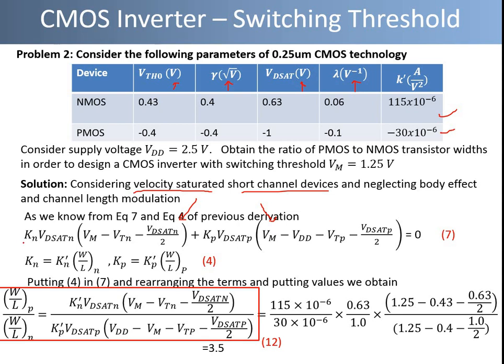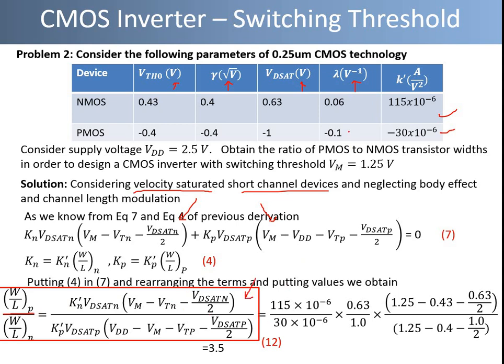However, we are not given the gain factor over here, we are given the process transconductance. So we can express the gain factor Kn as the product of process transconductance with the aspect ratio of the transistor. Now putting the values of these quantities in equation 7 and rearranging the terms, we can obtain the ratio between the aspect ratios of both transistors, and we can see that this ratio is expressed in terms of these quantities.